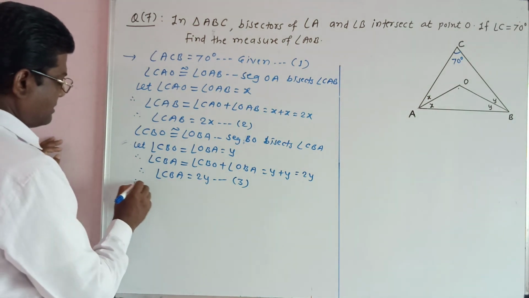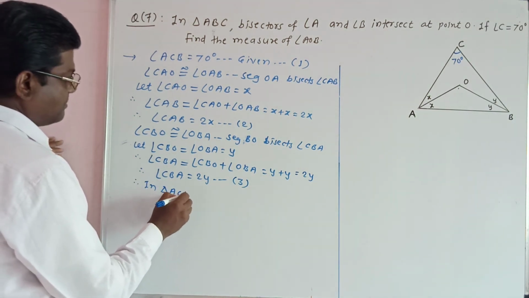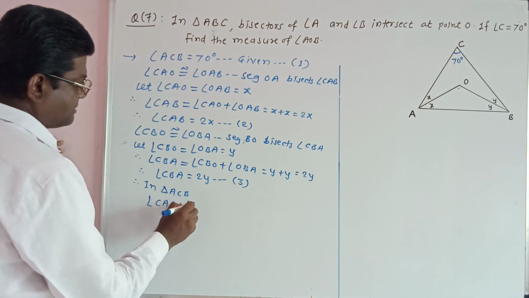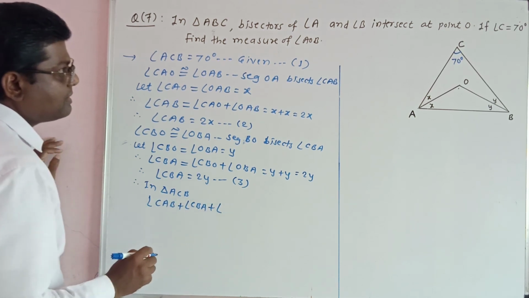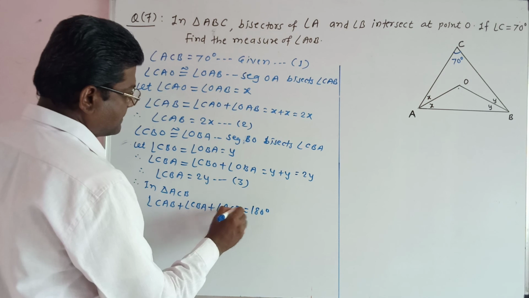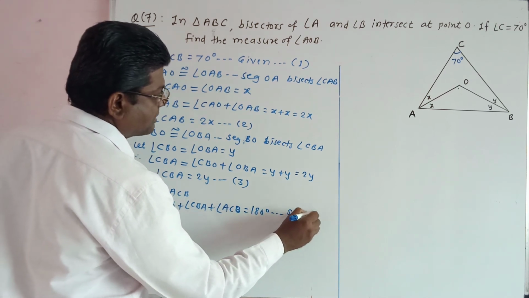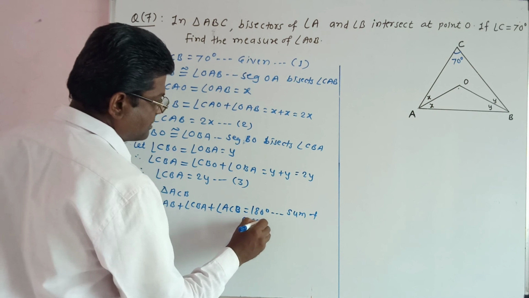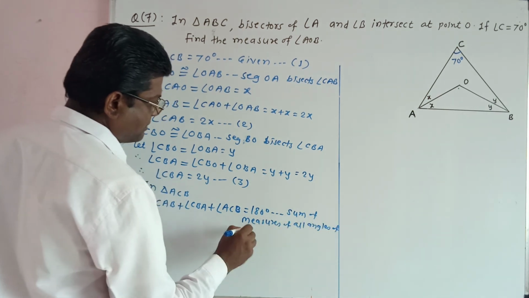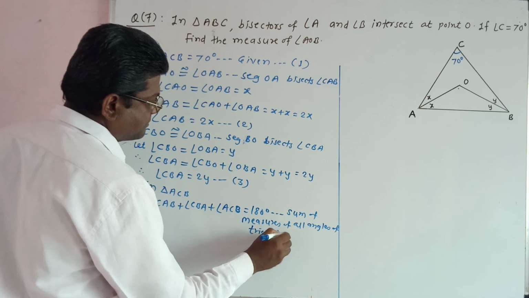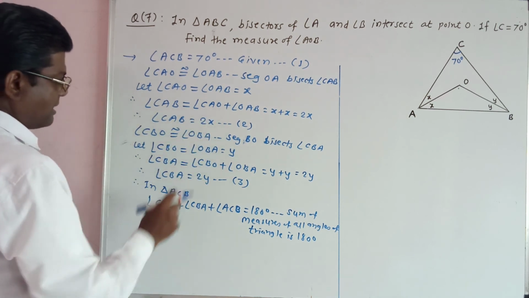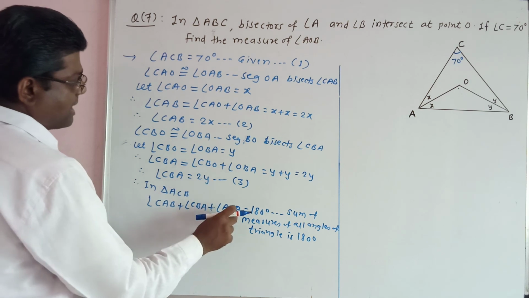Therefore, we write in triangle ACB, angle CAB plus angle CBA plus angle ACB is equal to 180 degrees, and the reason is the sum of measures of all angles of a triangle is 180 degrees.